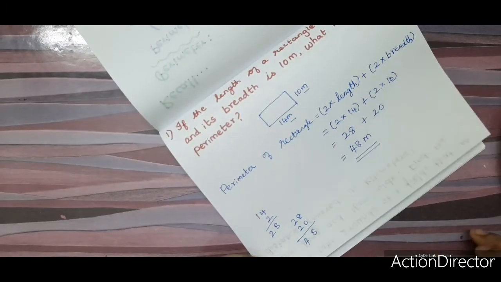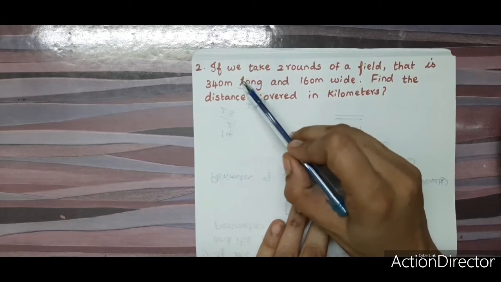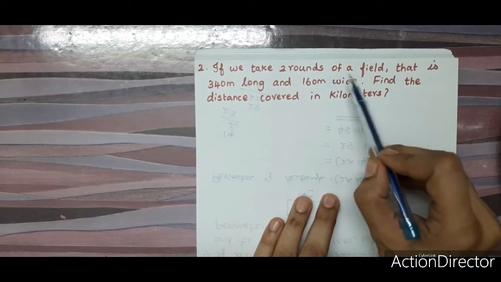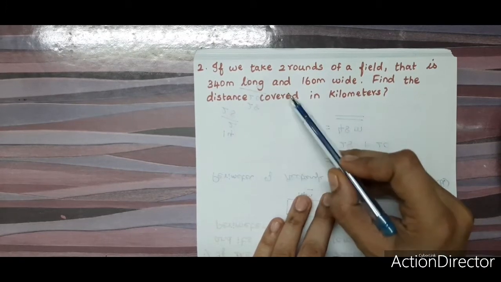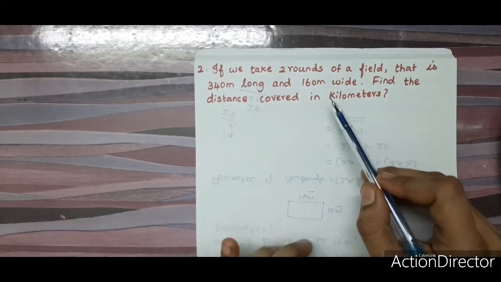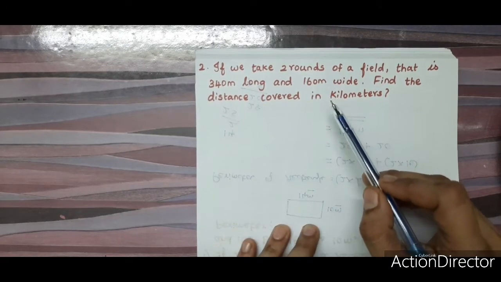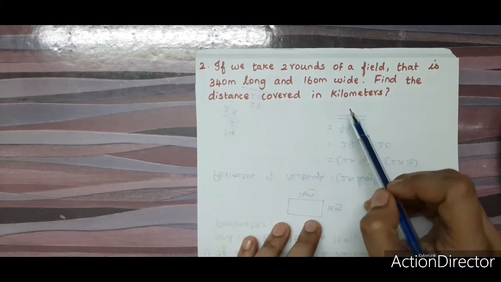Now we shall move on to the next sum. If we take 2 rounds of a field that is 340 meter long and 160 meter wide. Whenever they give long and wide, it is always a rectangle. Find the distance covered in kilometer.